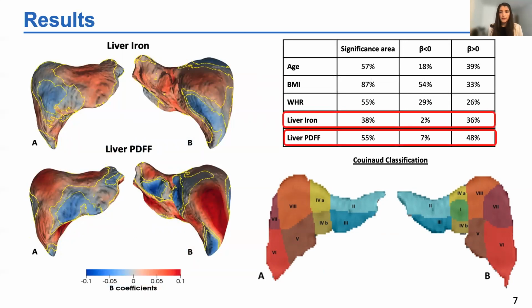Here we see that the pattern of the changes in surface values across the liver reflects differences that might be attributed to different lobes and segments of the liver described from the Couinaud system of classification.